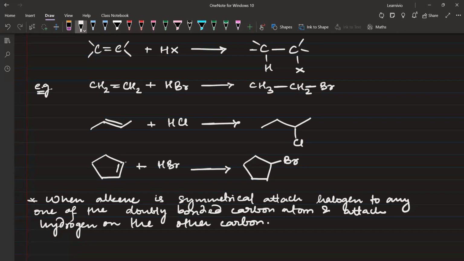Okay, but I hope you understand that you have to remove the double bond. You have to identify which carbon had the double bond. ठीक है, फिर वहां से आपको वहां पे आपको लगाना पड़ेगा. ठीक है, चलिए, please copy this down.